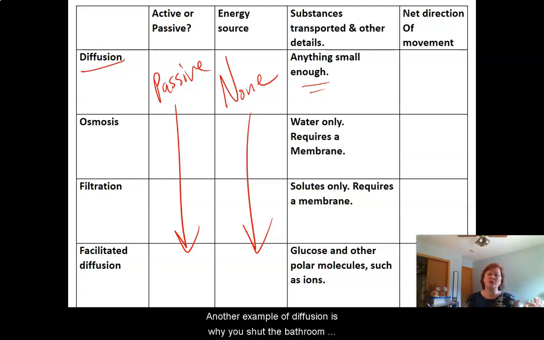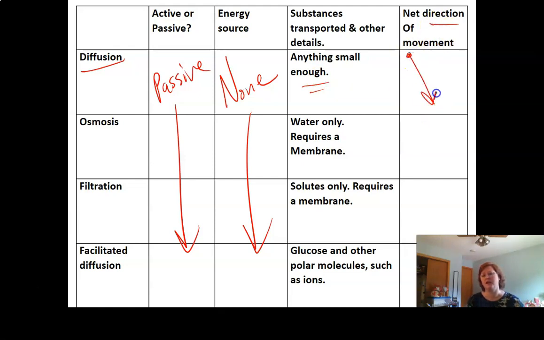Another example, diffusion is why you shut the bathroom door so that you don't share the diffusion of those molecules. Now with diffusion, the direction of movement is always going to be from high concentration to low concentration, like you're sliding downhill. Osmosis is specifically diffusion of water. So now we're only moving water, and it has to go across a membrane.